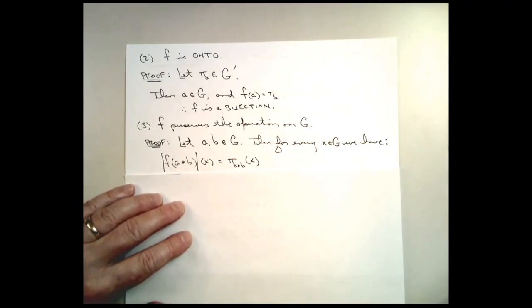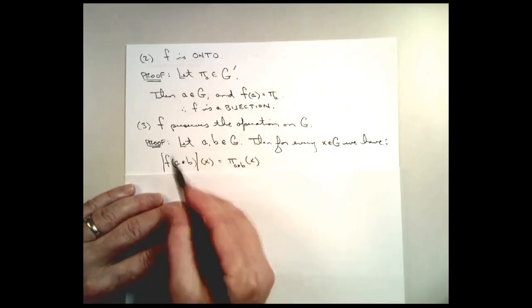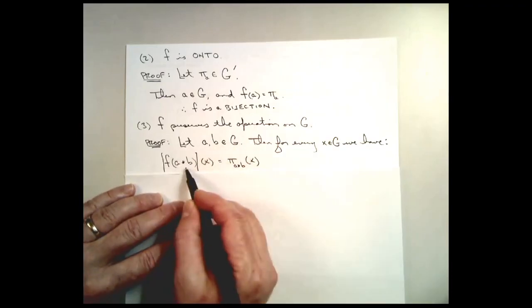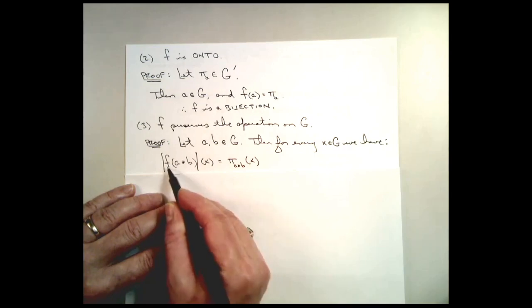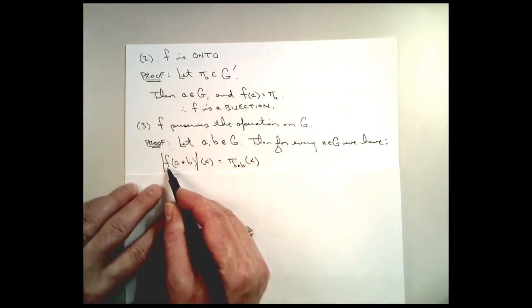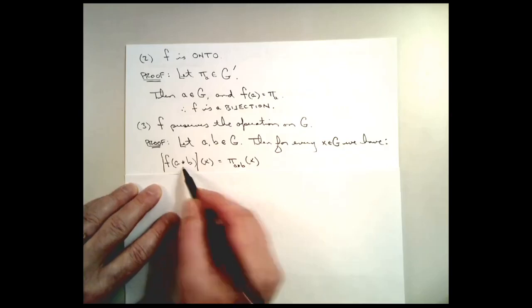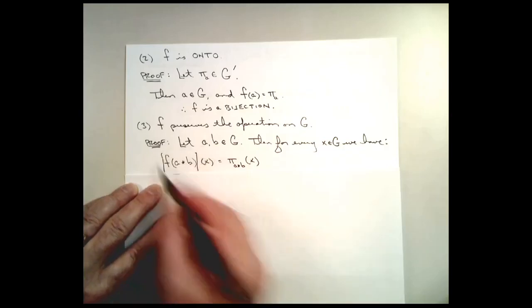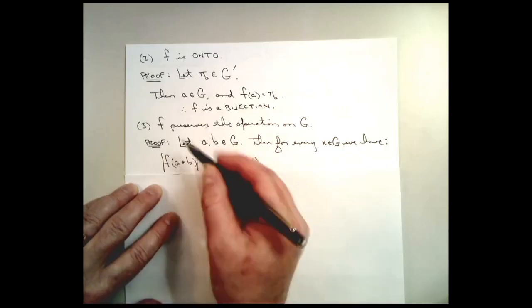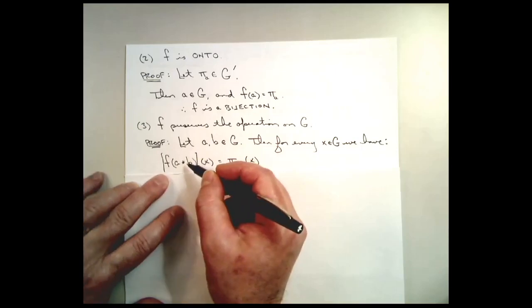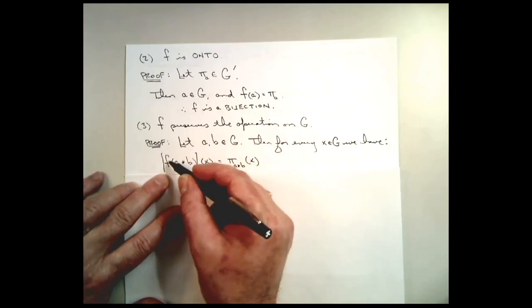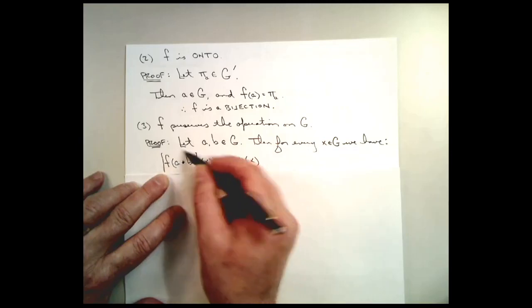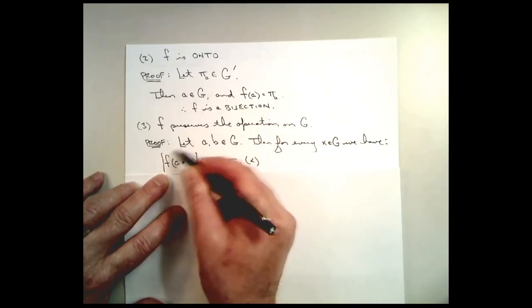And so if I pick two things out of G and I multiply them together, where's F going to send that element? Well, this notation looks a little odd, but keep in mind that F is sending members of G to a function, right?